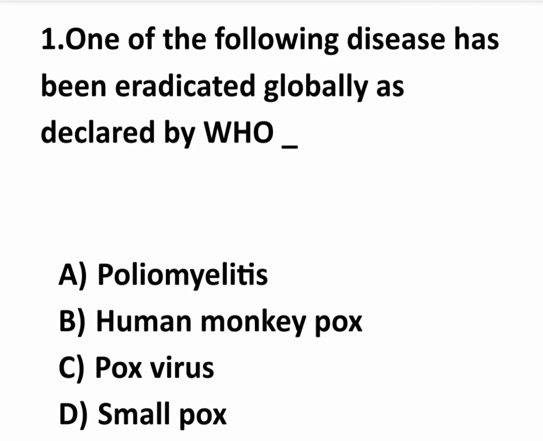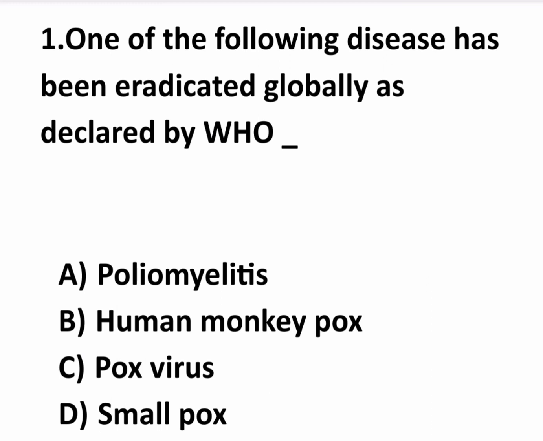First question: which one of the following diseases has been eradicated globally as declared by WHO? Option A poliomyelitis, option B human monkeypox, option C pox virus, and option D smallpox.